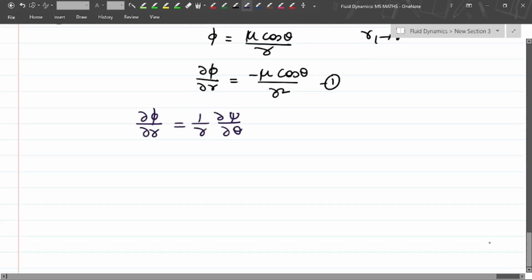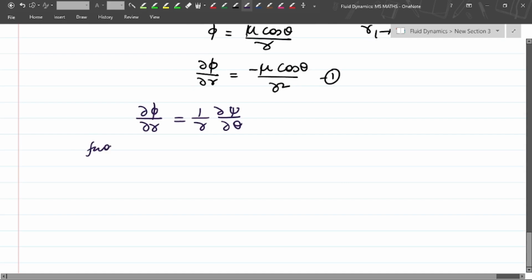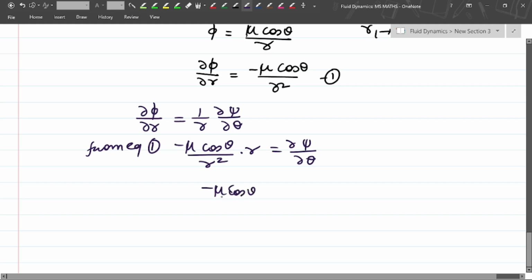So we'll put the value from equation number 1. So from equation number 1, mu cos of theta upon r square into r, we'll take this r here, is equal to dou psi by dou theta. So it is minus mu cos of theta upon r is equal to dou psi by dou theta.